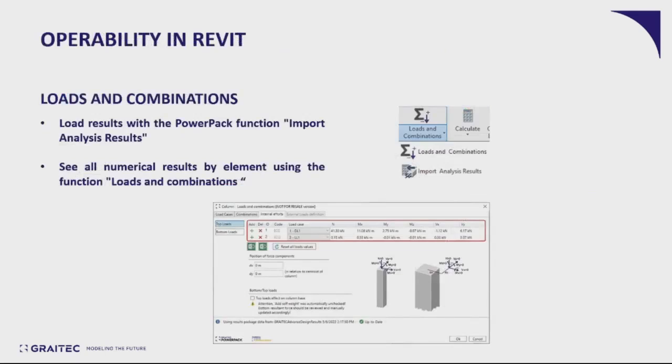The load combinations can also be accessed in Revit, and all the numerical results related to those load cases and combinations can also be identified and accessed in Revit when the transfer from Advanced Design to Revit has been performed effectively. This can be performed using the PowerPack function, import analysis results.